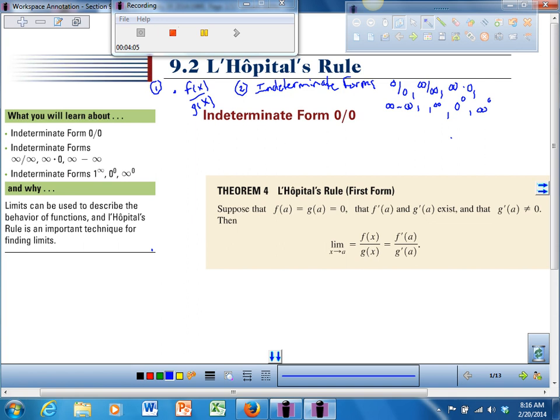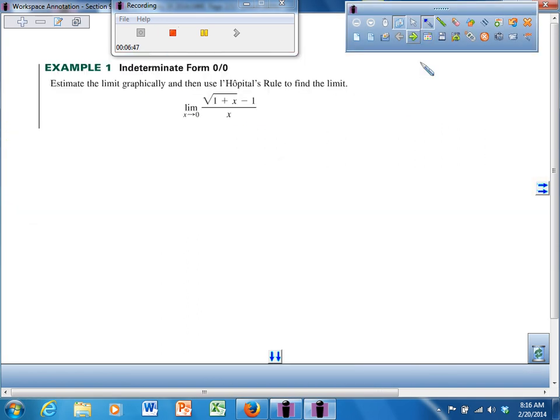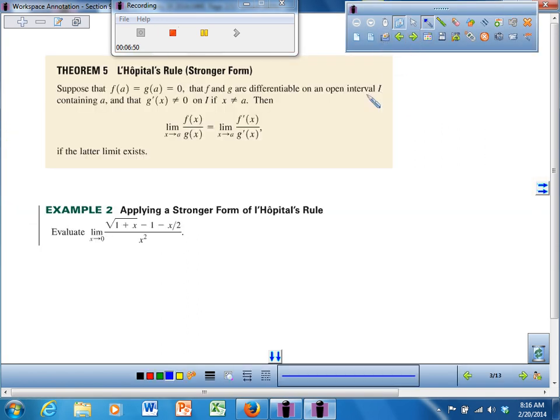And the deal is, if you get one of these indeterminate forms, and we have a function over another function, then we can find that limit. Here is the standard form for our L'Hopital's rule. If we want to take the limit as x approaches a of f of x over g of x, and we get 0 over 0 or infinity over infinity or any of the other indeterminate forms, then all we need to do is take the derivative of the top over the derivative of the bottom and reevaluate the limit.